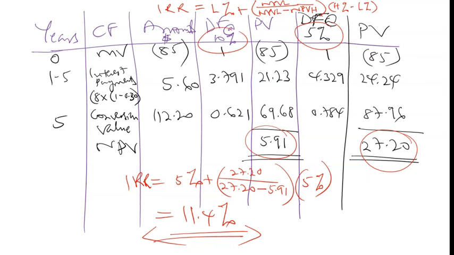Just try it on your own. Instead of using the 10% discount rate here, you can just use the 11%. Obviously, if you use the 11.4%, you are going to get an NPV of zero using these cash flows.